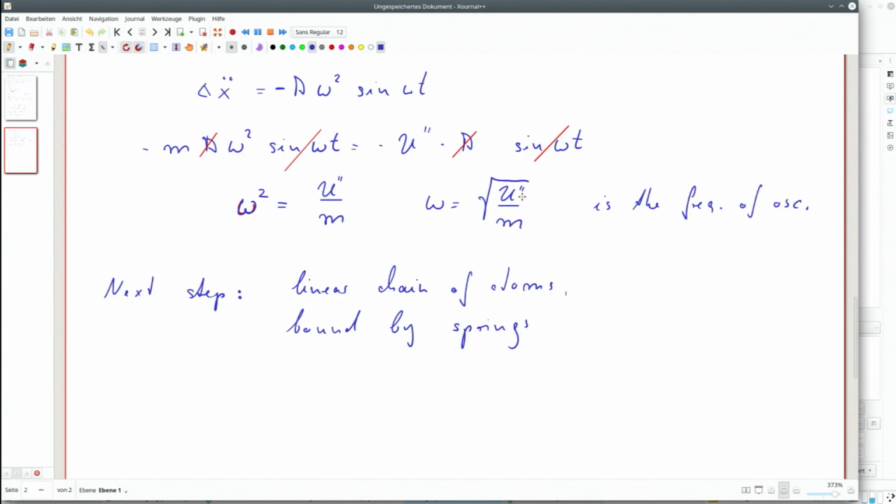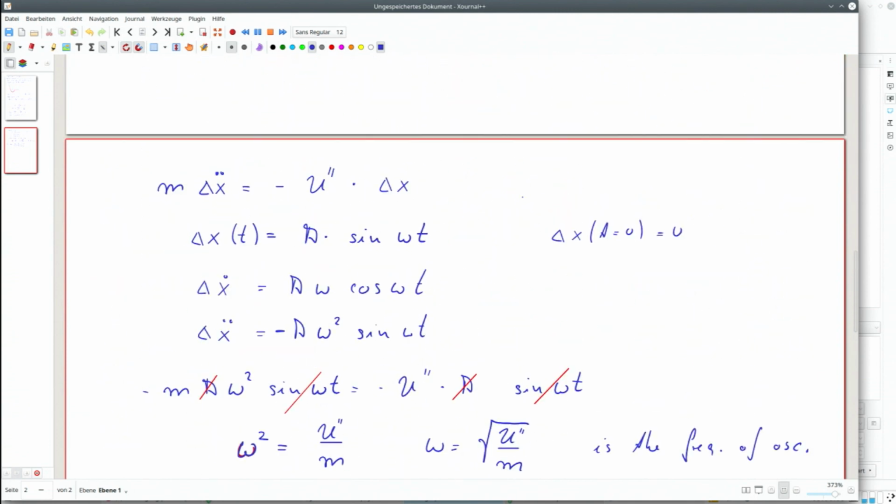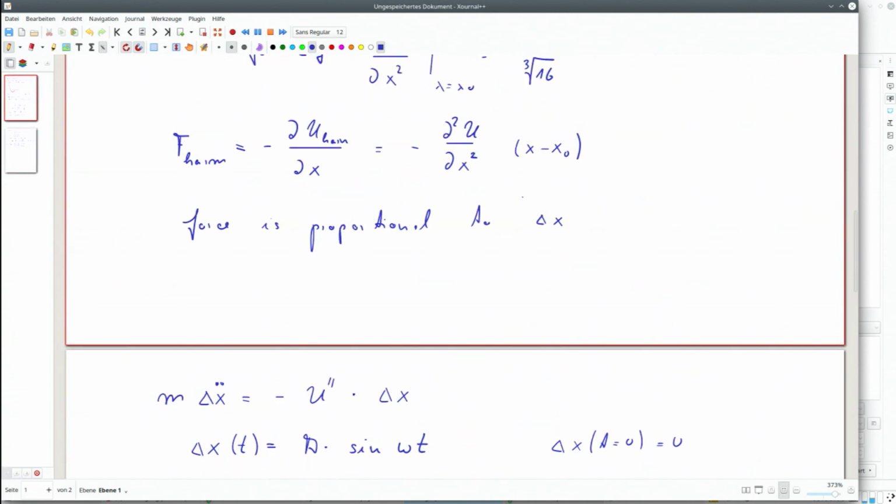And I forgot to mention, but I hope again that this is familiar to you. If you have a spring, or an ideal spring at least, it follows Hooke's law, that the force is proportional to the displacement.